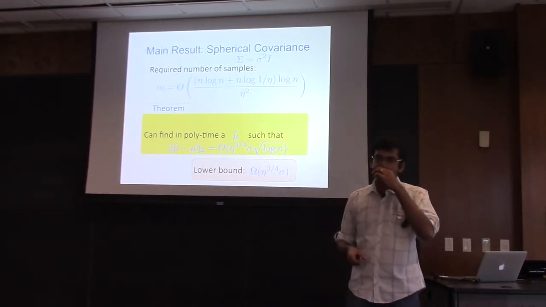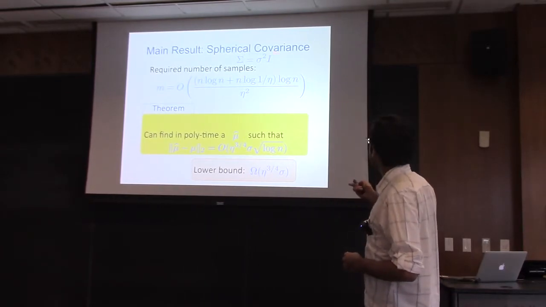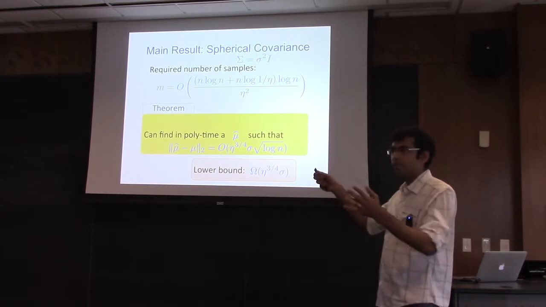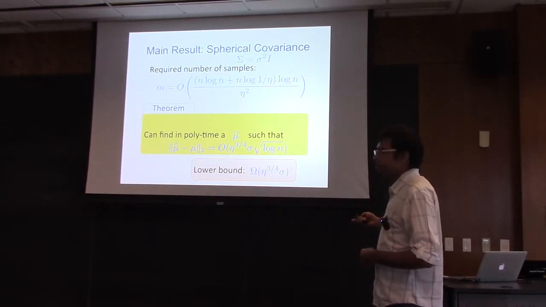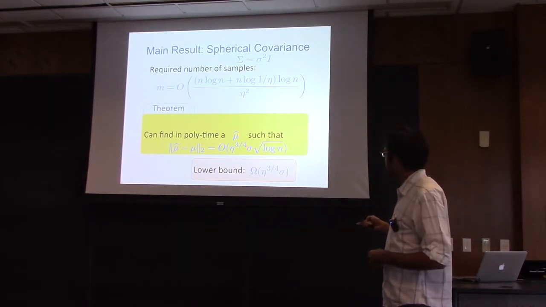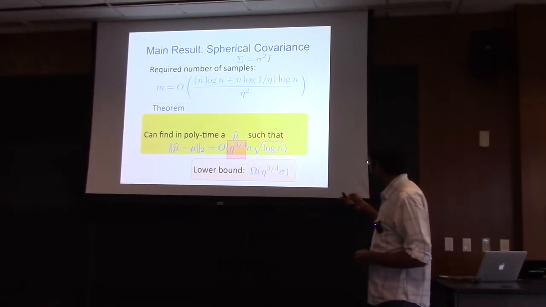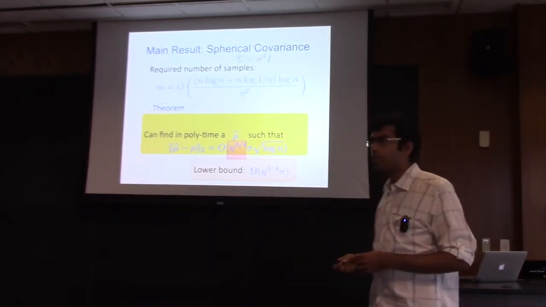Now, if the covariance is spherical, sigma square I, which means variance in every direction is the same, then we can get optimal dependence on eta. The eta power 3/4 lower bound and upper bound are the same. Still, there is a square root log n factor which can probably be removed.